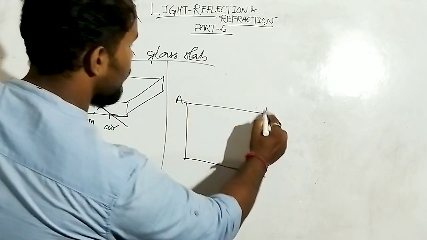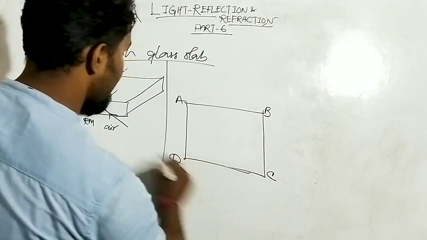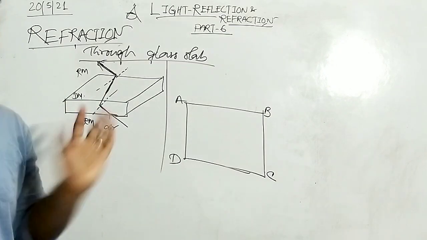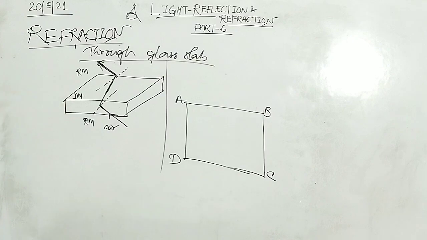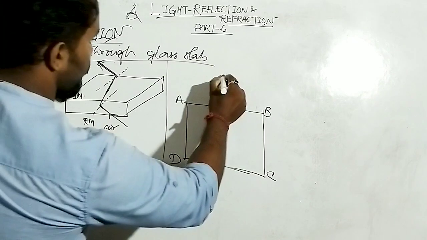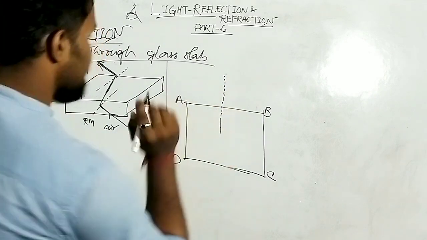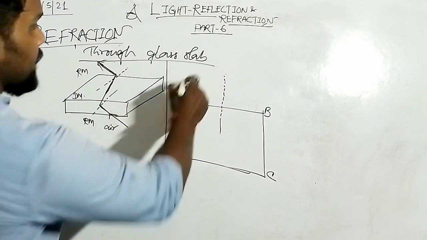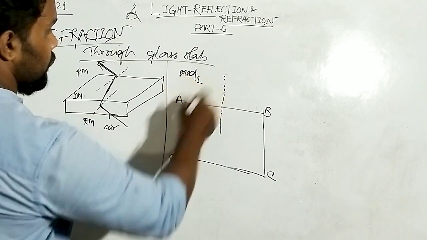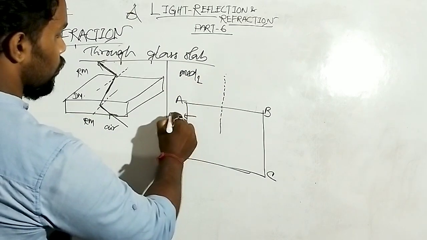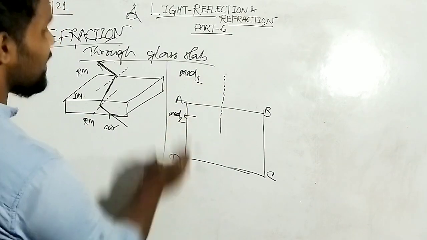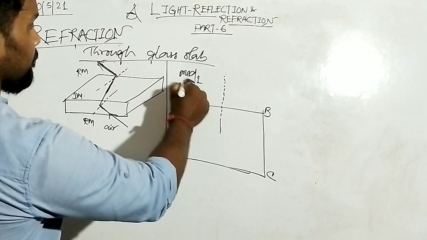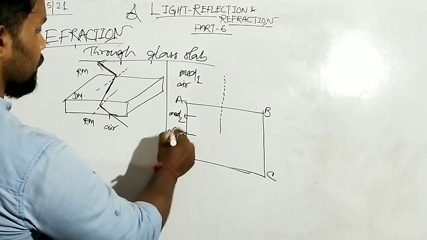This is a glass slab; give names A, B, C, and D. This is a 2D phenomenon, while the earlier one was the 3D figure. First we will consider one normal, which is always necessary in refraction. This is medium 1 and this is medium 2, air and glass.